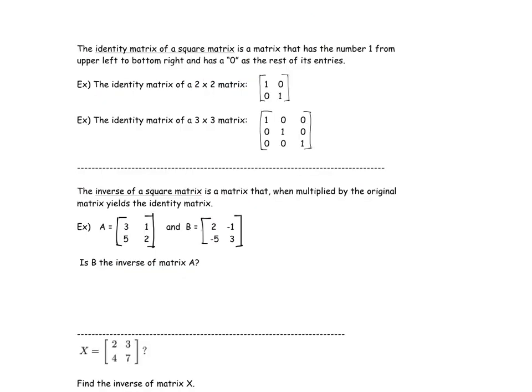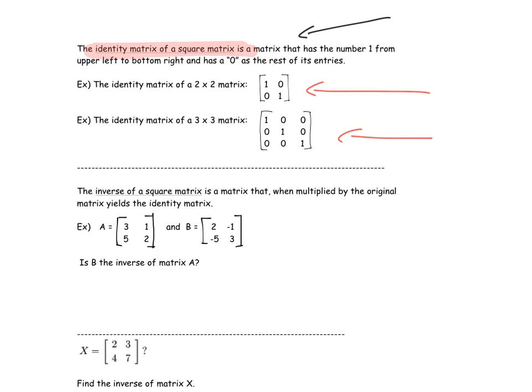The second definition I want to go over with you today is the identity matrix. The identity matrix is a square matrix that has the number 1 from upper left to bottom right in the matrix and has 0 as the rest of its entries.